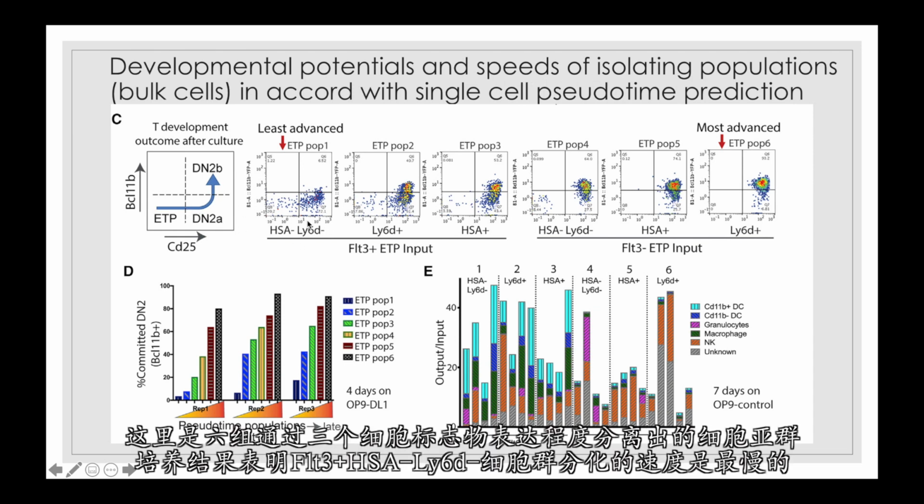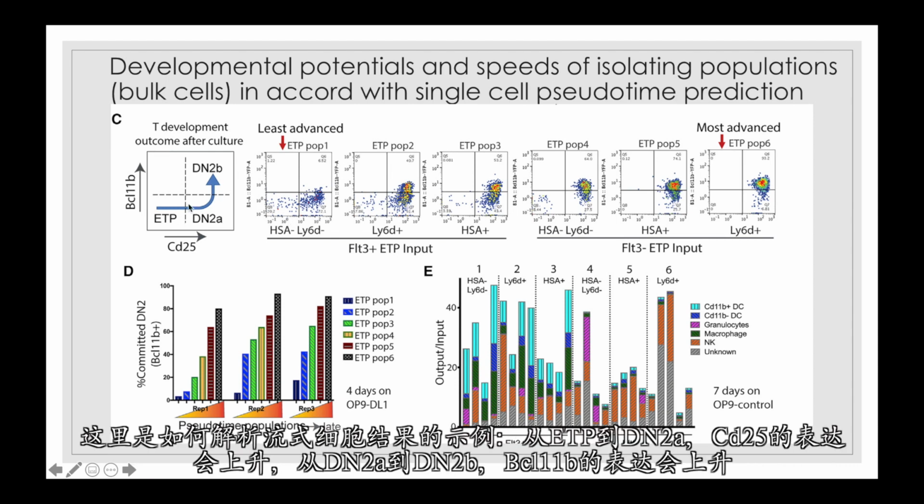Here are the 6 populations they identified using the markers. After the induction, they find that this population of cells indeed shows the lowest speed toward the T cell lineage. Here is the demonstration of how to identify the different stages of the cells. From the ETP to the DN2A, the expression of CD25 should be upregulated.